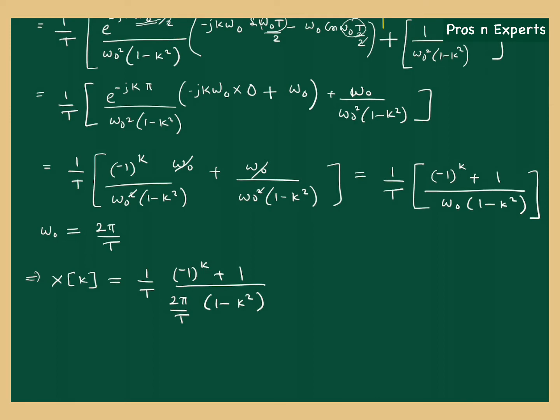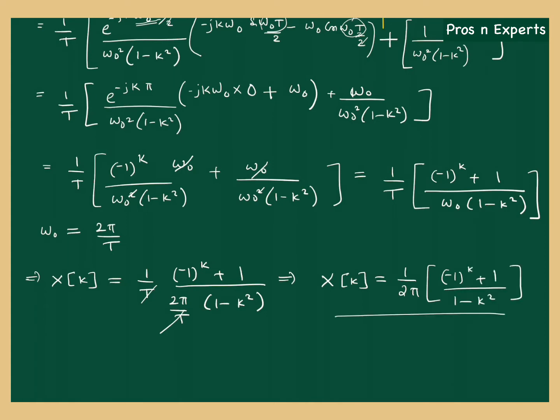So this T gets cancelled. That implies finally X of k is equal to 1 by 2 pi into (minus 1 to the power k plus 1) by (1 minus k square). So the Fourier coefficients have been found out.